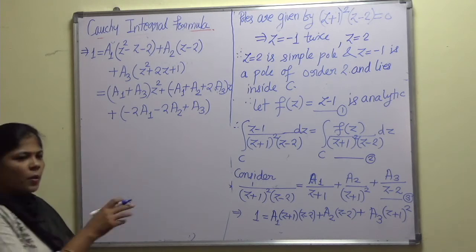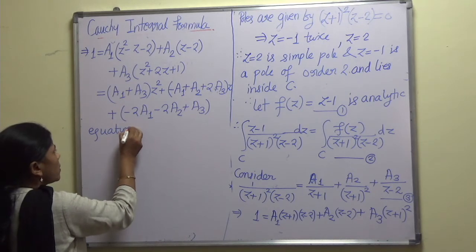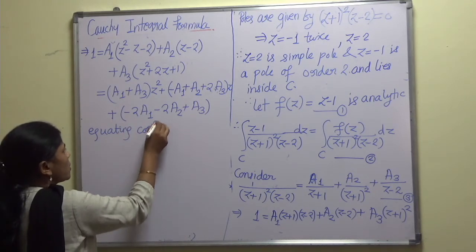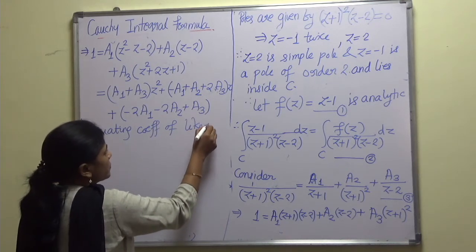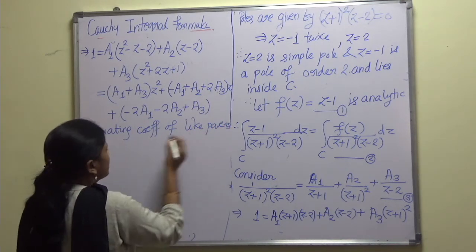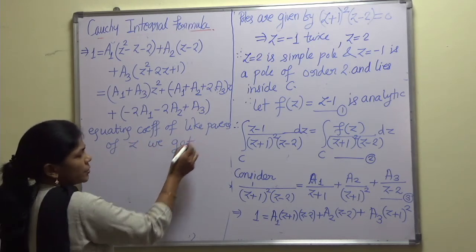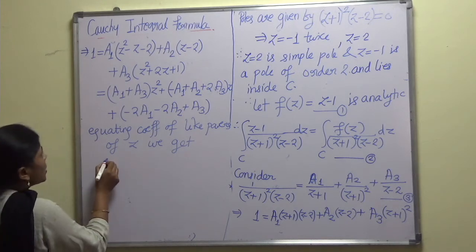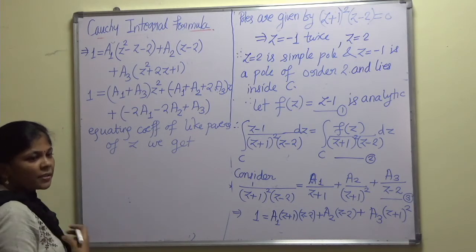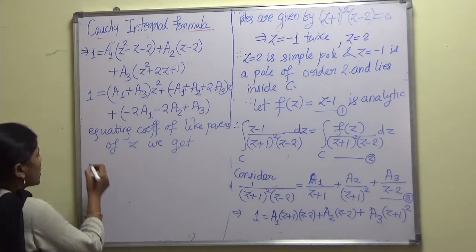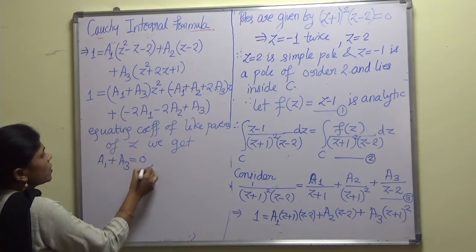Okay. Now equate coefficient of like powers of z. We get, so what we get? Coefficient of z square on the left hand side is missing, it means its coefficient is 0. Okay, so a1 plus a3 is equal to 0.